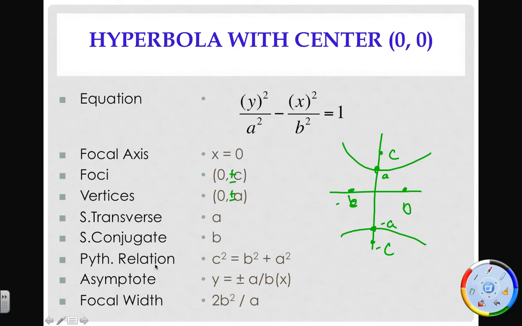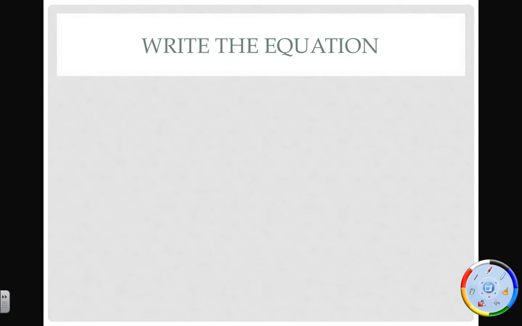And you'll notice the Pythagorean relation is actually one that we remember. a squared plus b squared equals c squared.